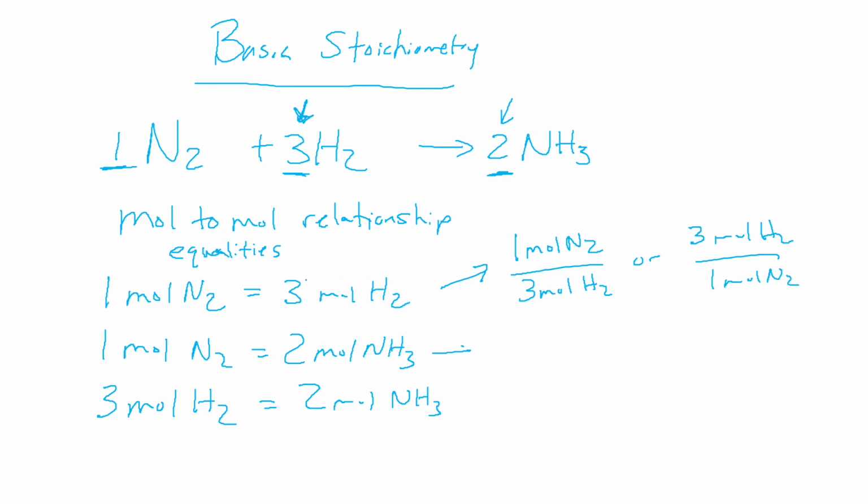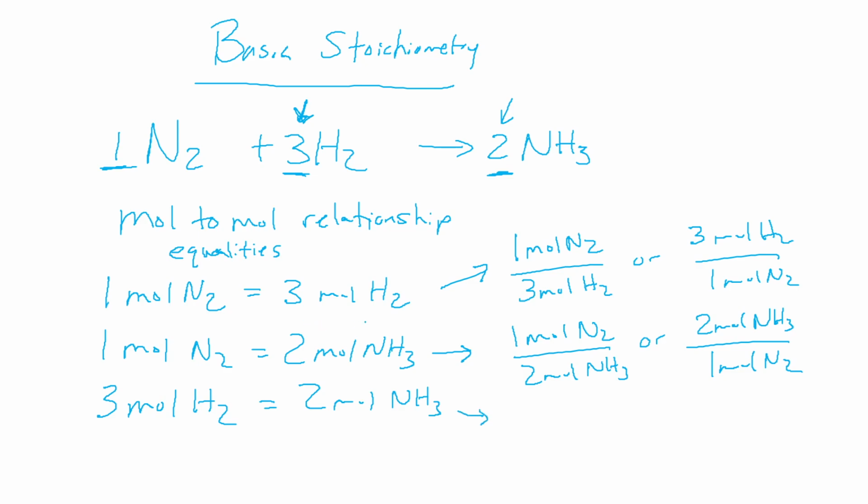For this equality, I could write 2 conversion factors. I could write 1 mole of N2 over 2 moles of NH3, or 2 moles of NH3 over 1 mole of N2.